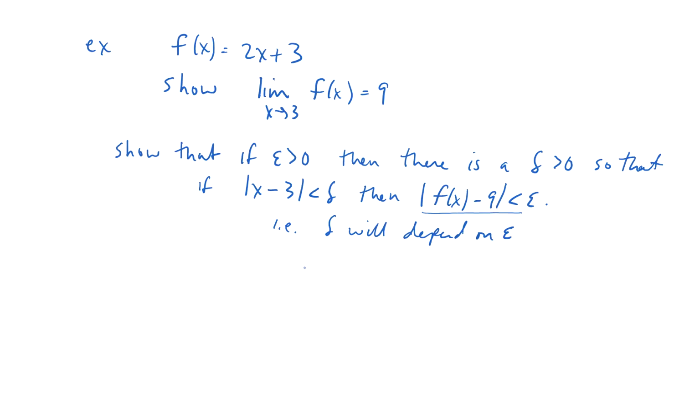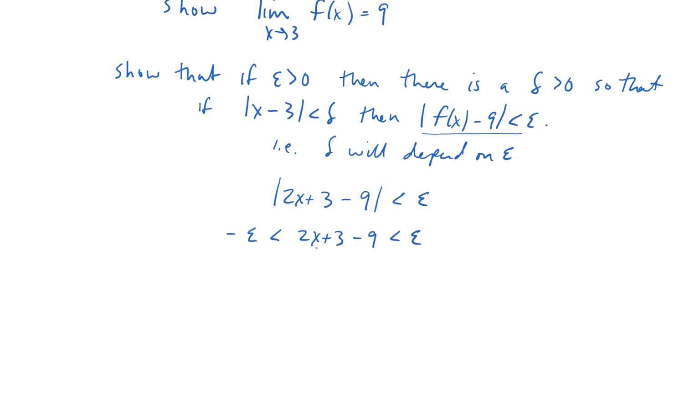Okay, so f of x, which is 2x plus 3, minus 9, and I'll show you all the steps, has to be less than epsilon. That's where we want to get to. So that's the same as saying this. Okay. And then I'm going to do some simplification. So I get negative epsilon less than 2x minus 6 less than epsilon.